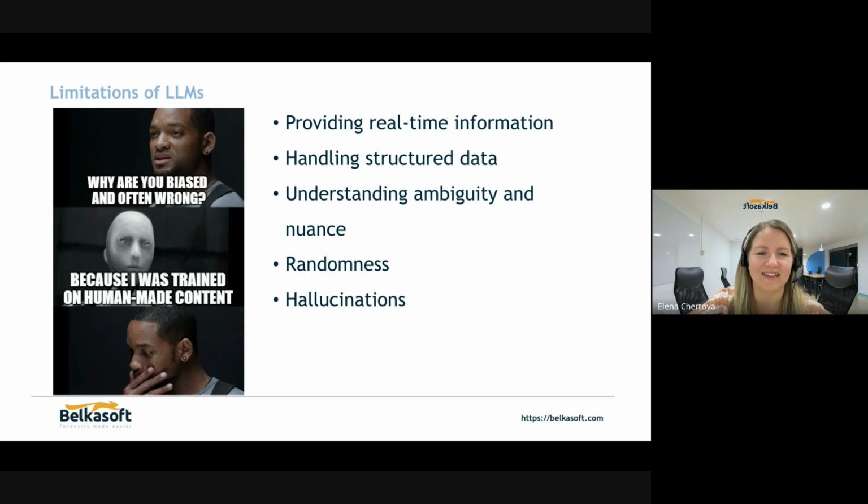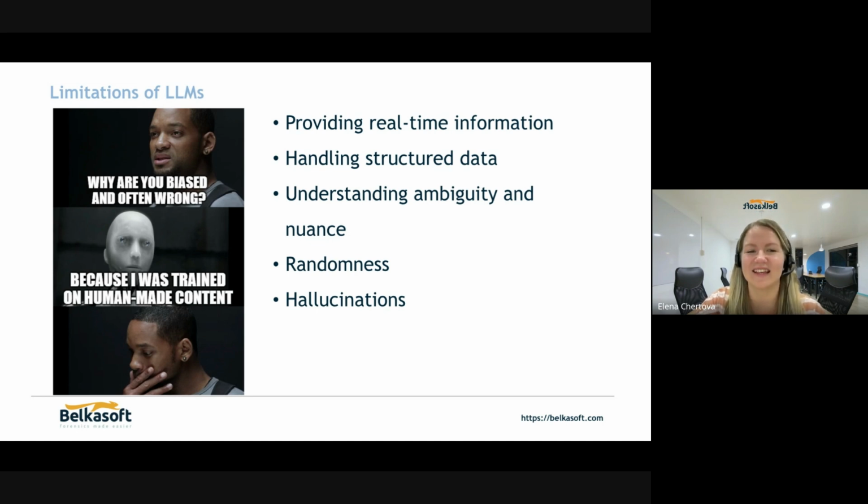Then handling structured data; I saw a question about it: can an LLM parse raw data? The answer is no for now. But like Brett mentioned before, it will probably be the future, hopefully, for many.